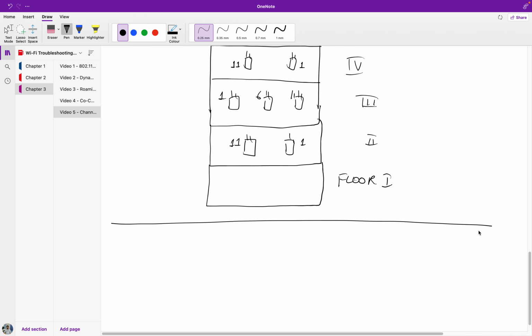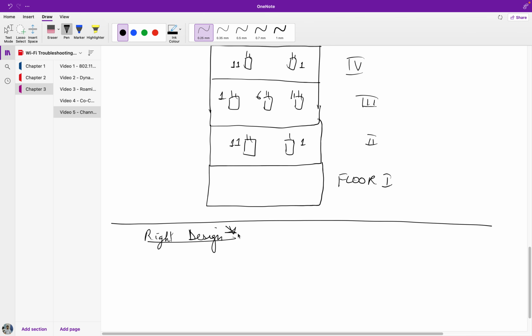Now also coming to 5 gigahertz, right? When you do a design, all these things, the right channel schema, the multi-channel use, can be taken care of if you do a right design, right? A right design is very, very essential for these things to work absolutely fine.